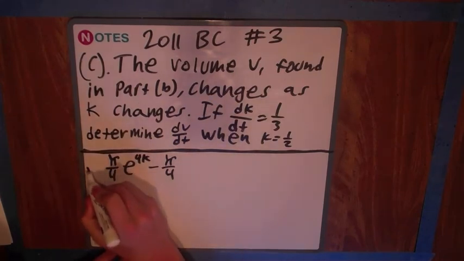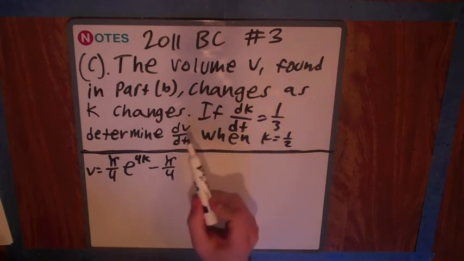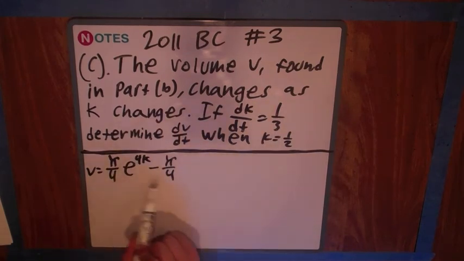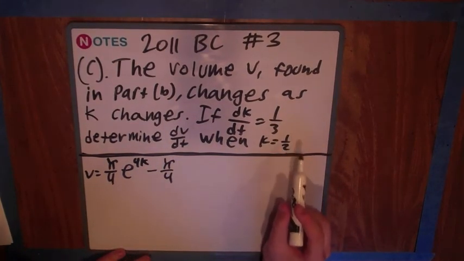This is V. So they're asking for dV/dt, which means we're going to have to take the derivative of V. Then once we do so, plug in k as 1/2.